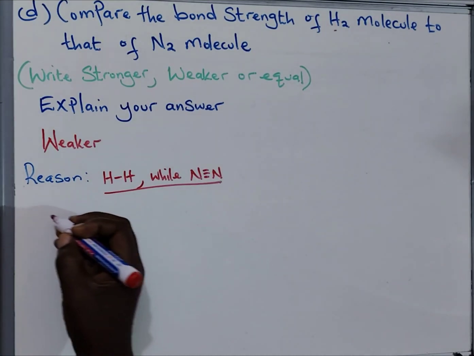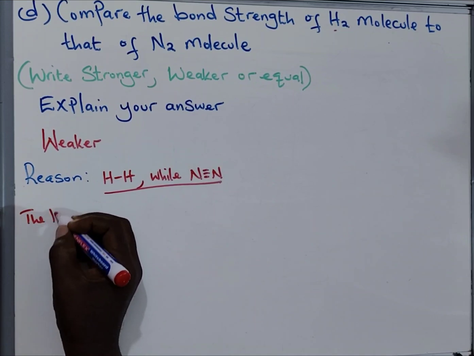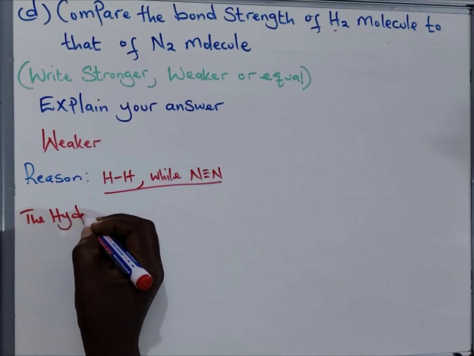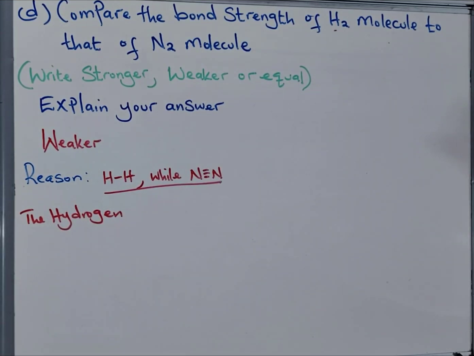So you say that the hydrogen molecule has a single bond, while the nitrogen molecule has a triple bond, and the triple bond is stronger than a single bond.